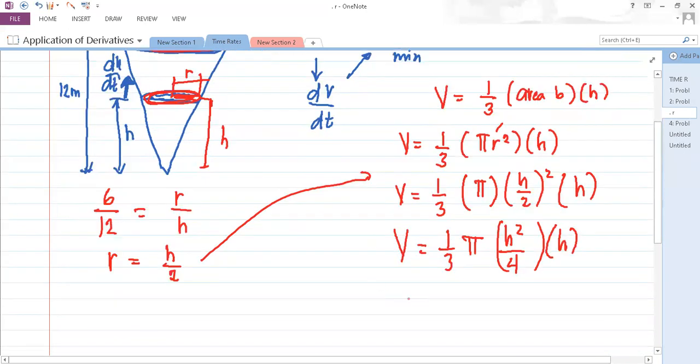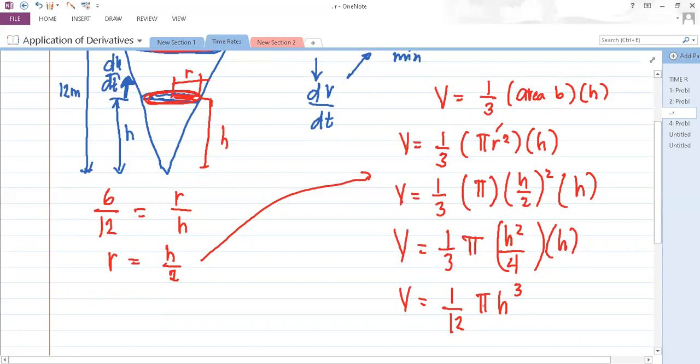So we have 1/12 pi h squared multiplied by h, that is h cubed. This is now the equation of the volume of the cone in terms of height.